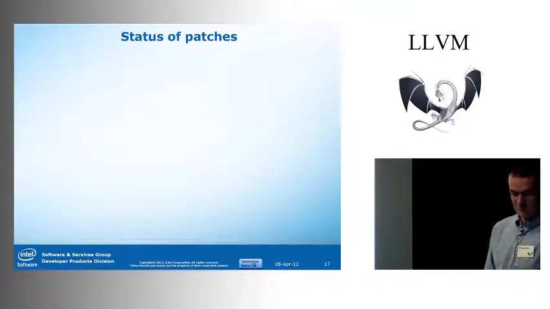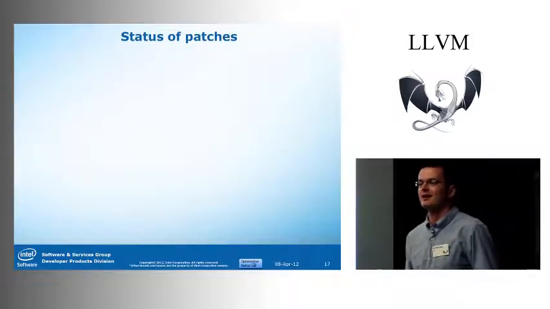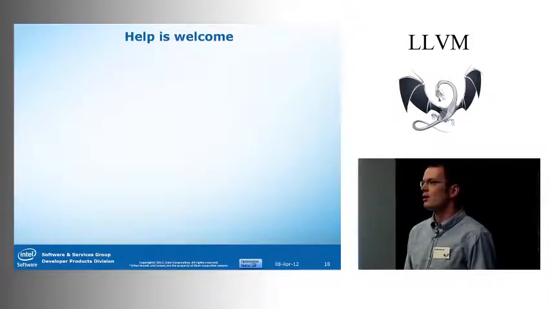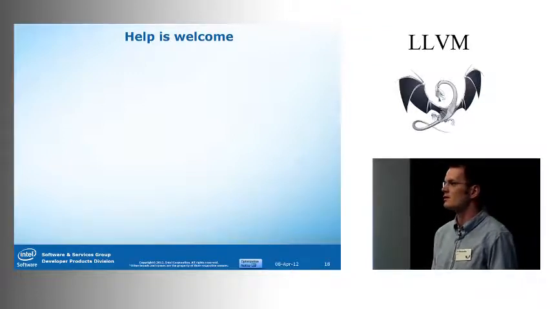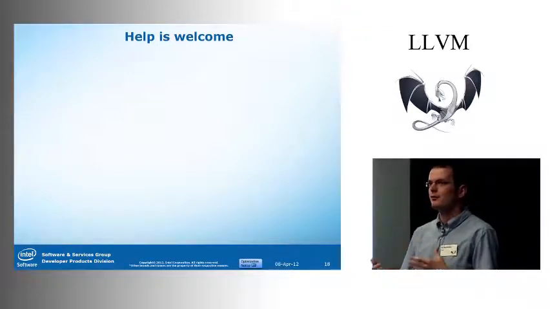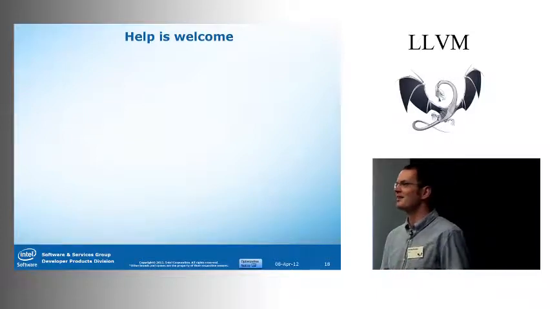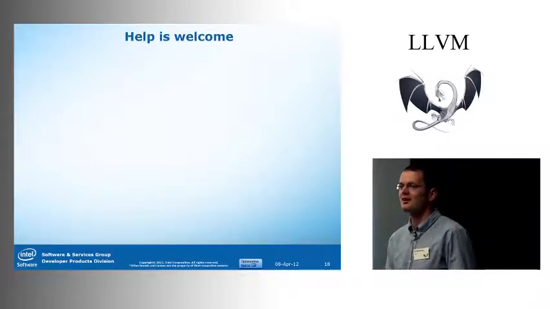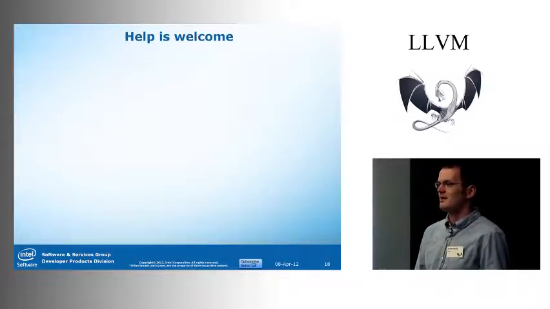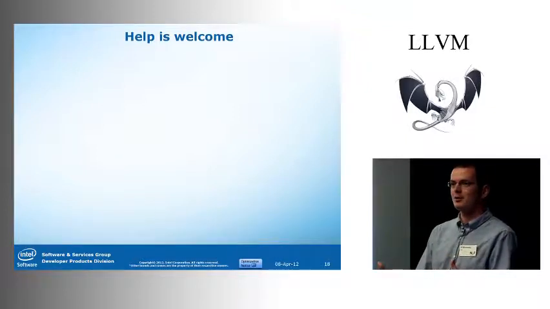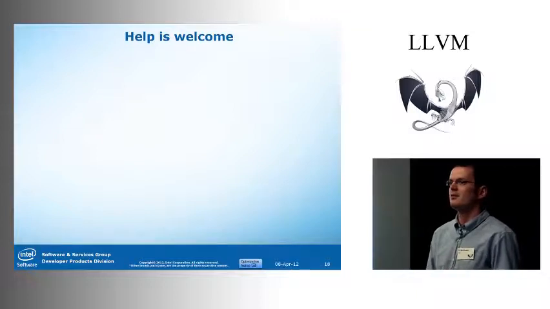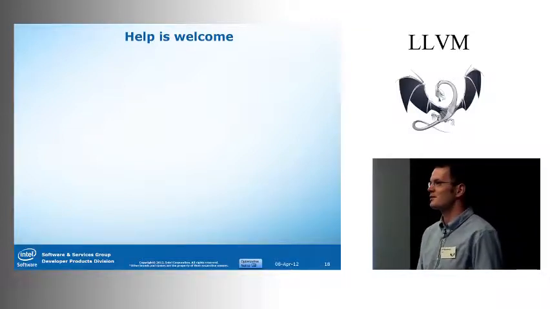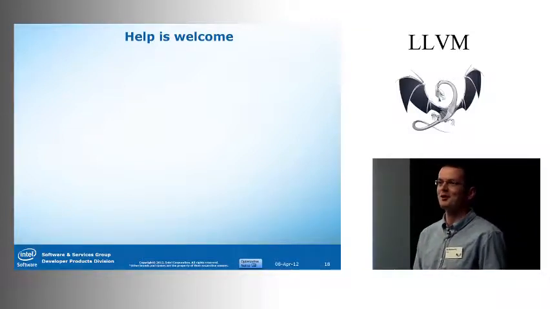And this brings me here, that we would really appreciate help with reviewing these patches. From what I've seen in the mailing list and the emails I received, MCJIT is a topic a lot of people want for various reasons, but in practice it's pretty hard to get anyone to review it.